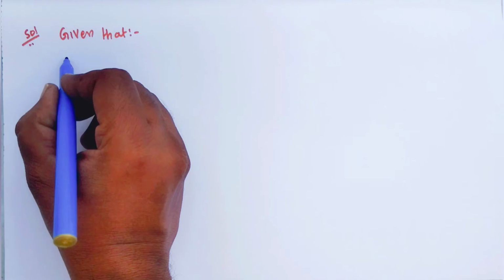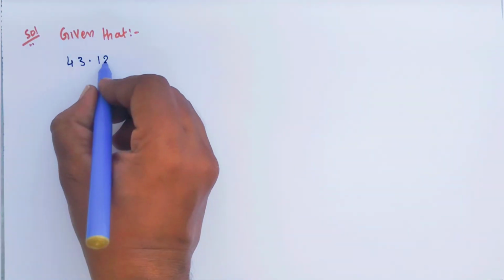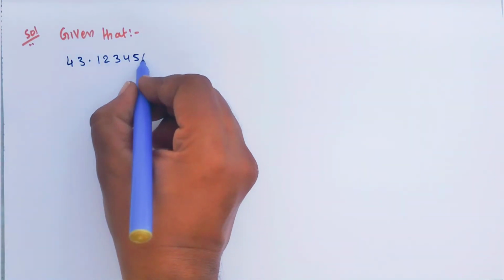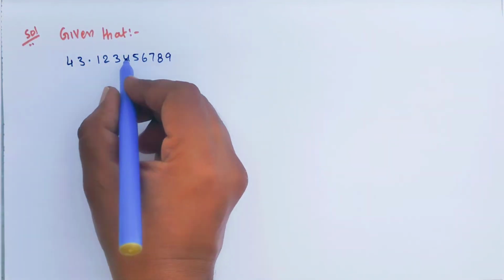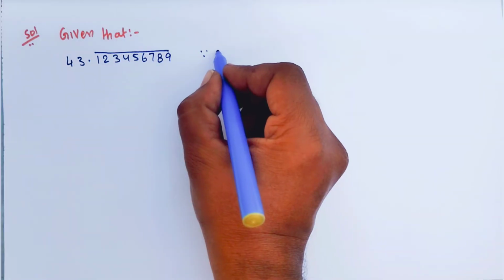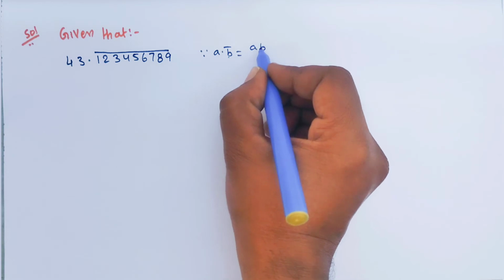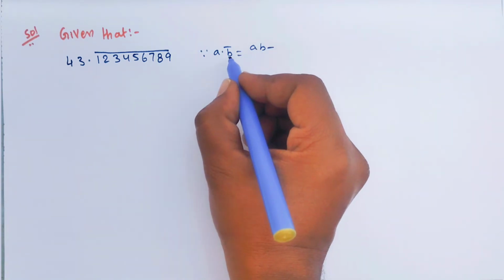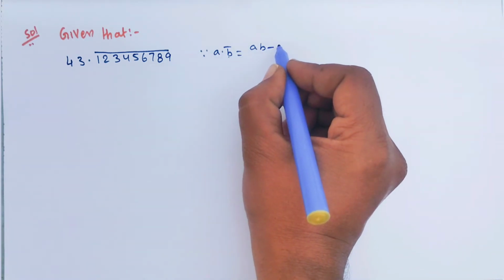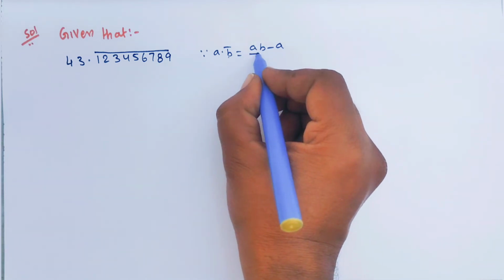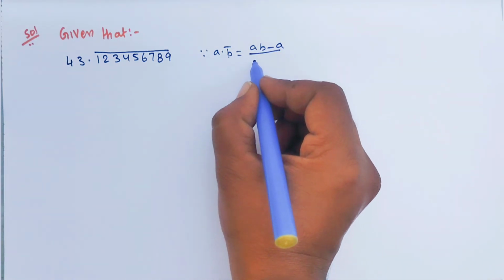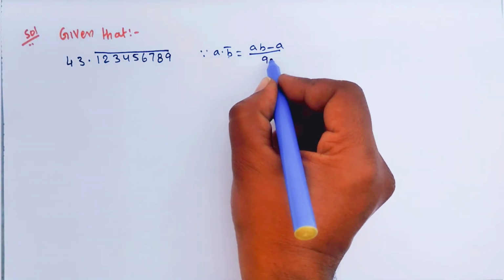Now we take one more solution. Given that 43.123456789 with a bar from 1 to 9. It is in the form of a dot b bar, which can be written as ab minus the part before the decimal point, a, divided by as many 9s as the digits under the bar. Here the digits under the bar are 1 to 9.